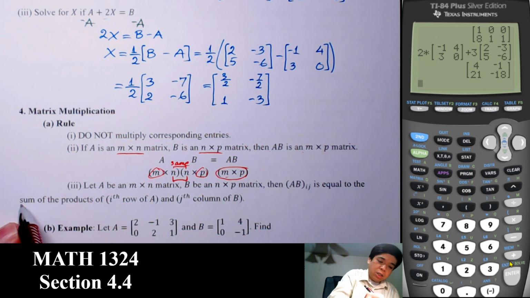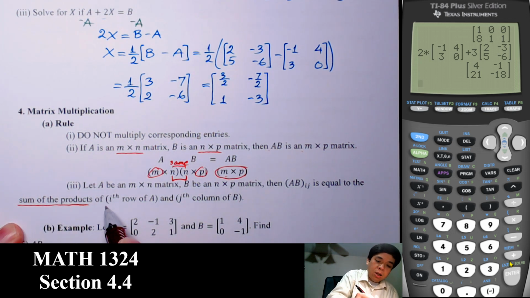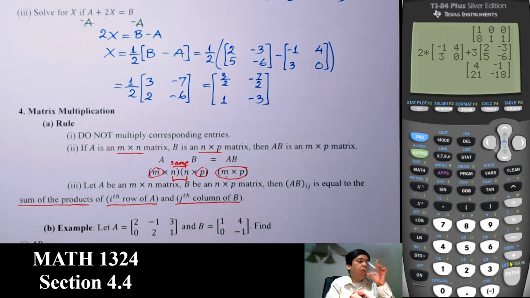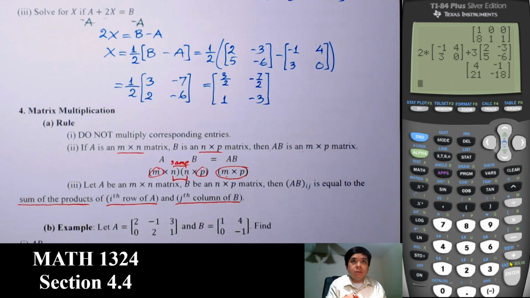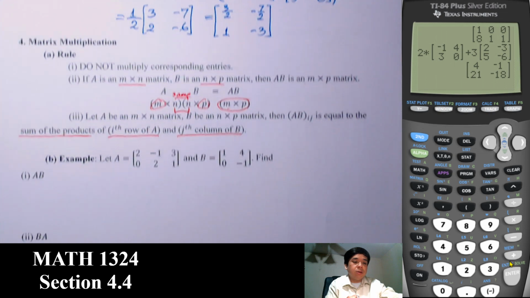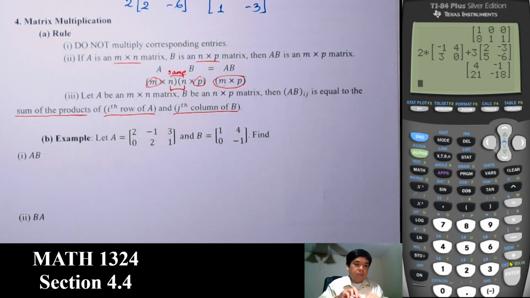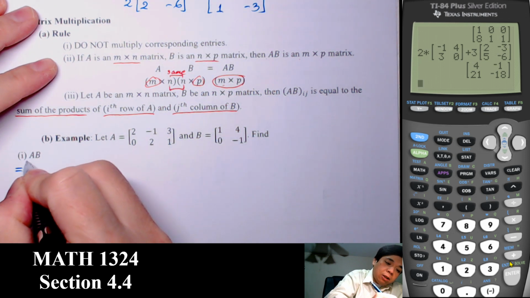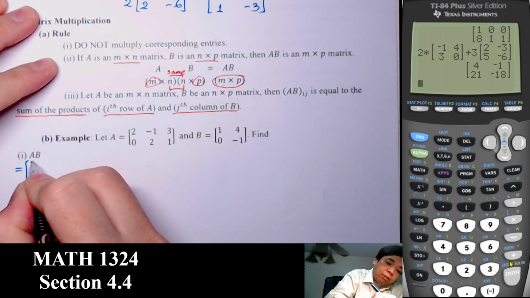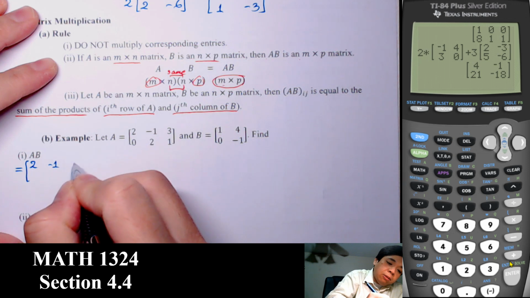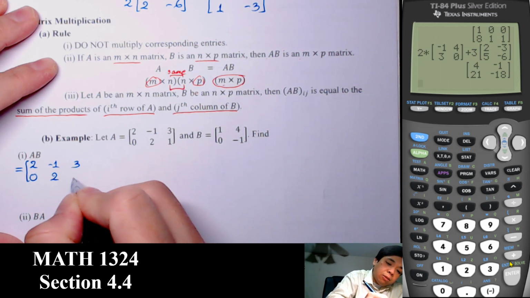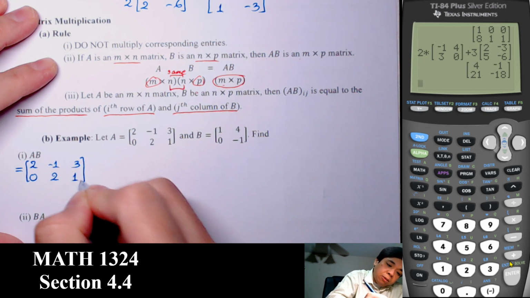So it will be the sum of the products of the i-th row of A and the j-th column of B. Right, so I'll take A times B.